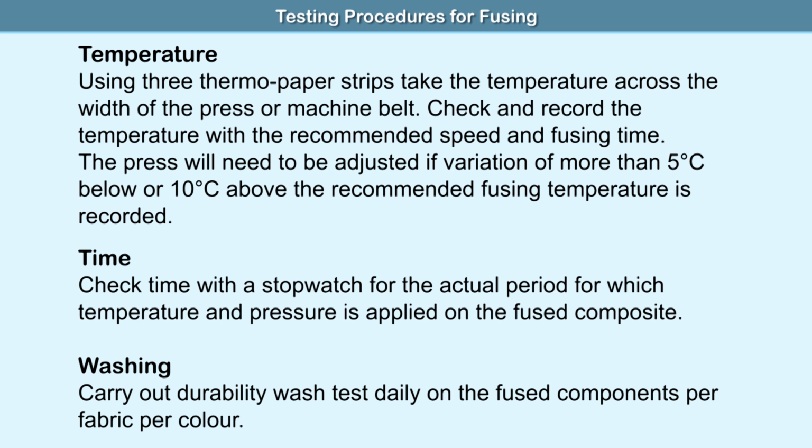Testing procedures for fusing. Testing procedure for various tests mentioned above are as follows. Temperature. Using 3 thermopaper strips, take the temperature across the width of the press or machine belt.